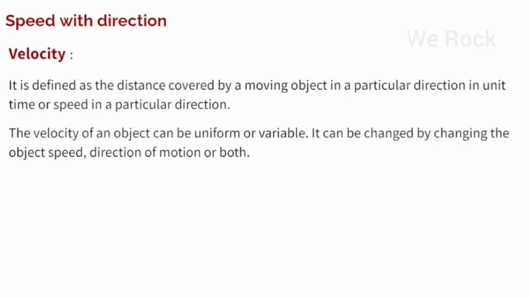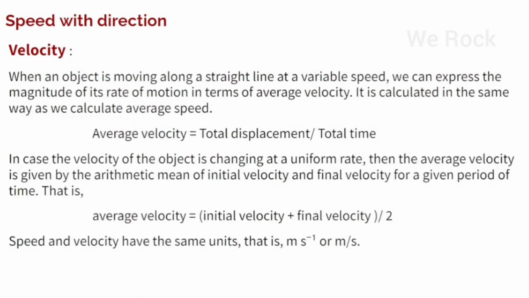Speed with direction. Velocity. It is defined as the distance covered by a moving object in a particular direction in unit time, or speed in a particular direction. The velocity of an object can be uniform or variable. It can be changed by changing the object's speed, direction of motion, or both. When an object is moving along a straight line at a variable speed, we can express the magnitude of its rate of motion in terms of average velocity.